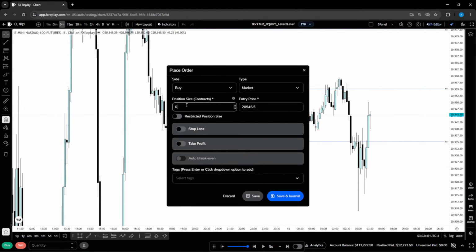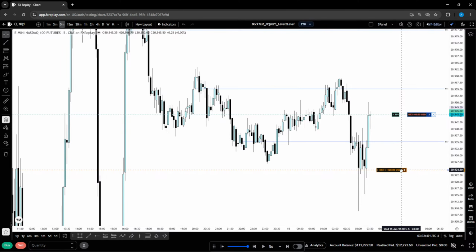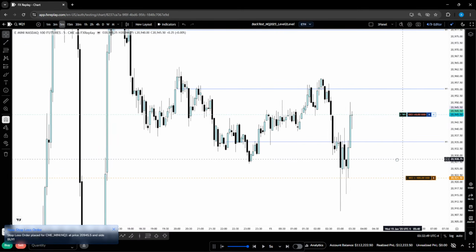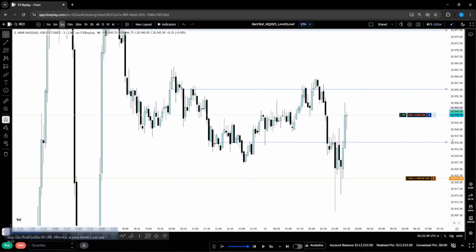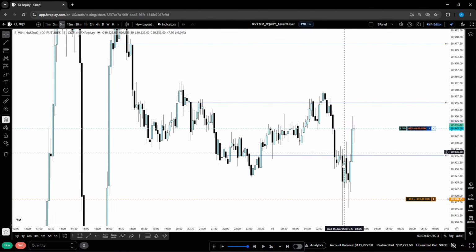So we could just try a line here. The ranges are very limited, so we'll see. We could come back down here to test these areas.